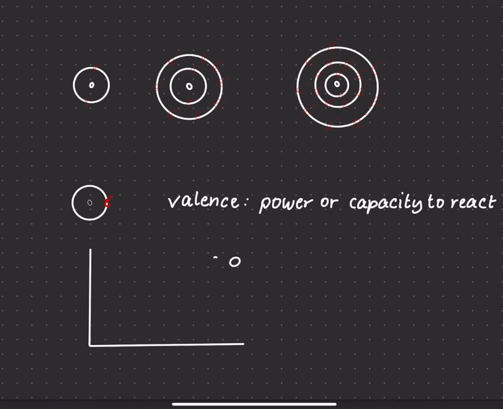Here they are pretty separate. Here they come a little bit closer together. And here we could imagine they have already bonded through the outer electrons.